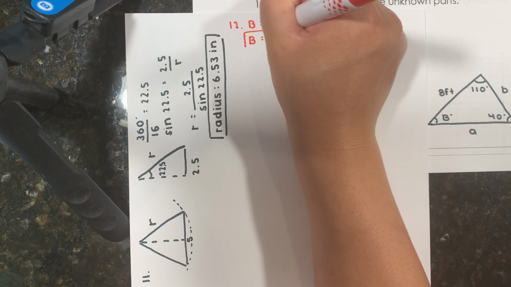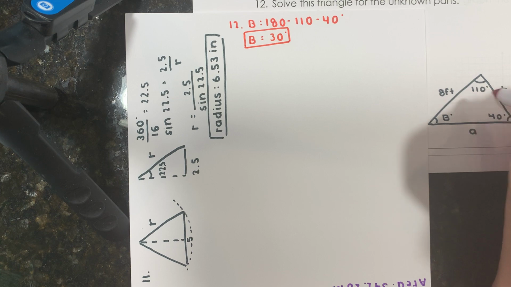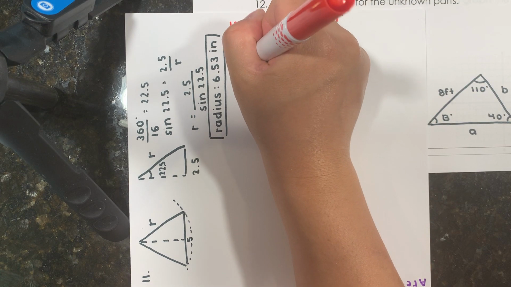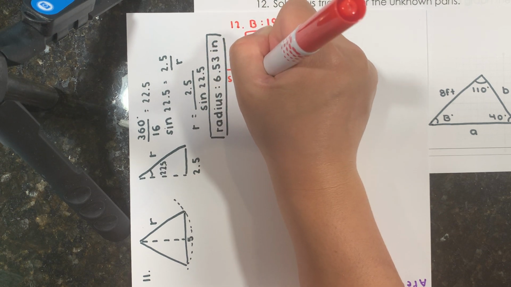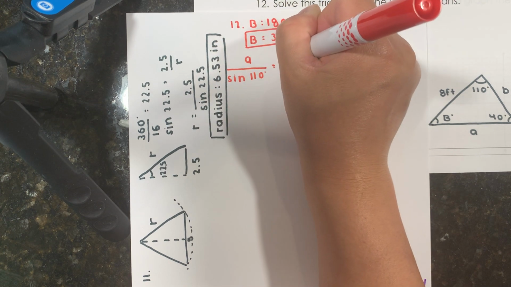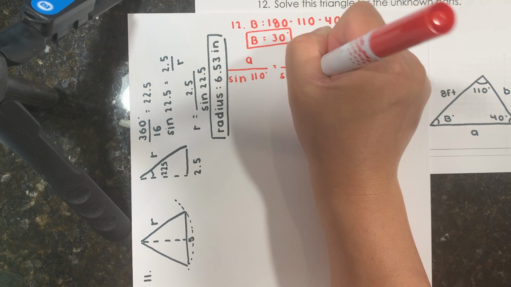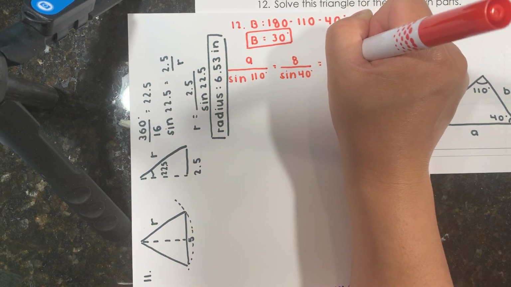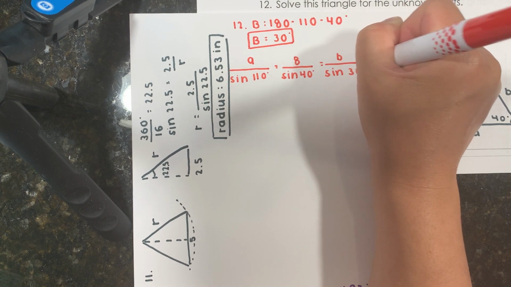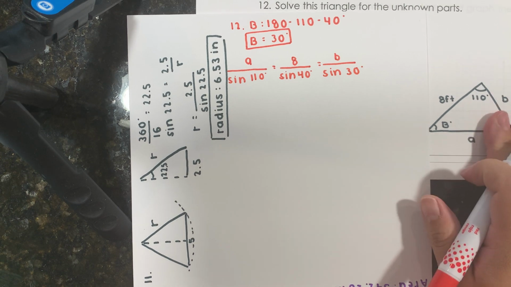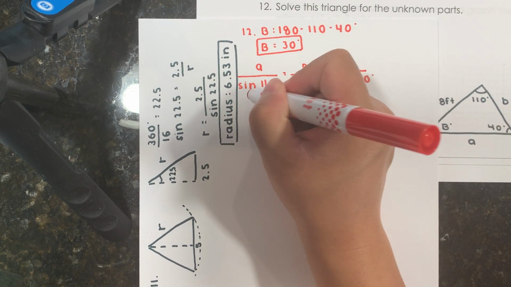Then from there, I have to use my law of sines to set up my ratios. So I'm going to do A over the sine of 110, equals 8 over the sine of 40, and B over the sine of 30. And now I'm just going to start by cross multiplying these first two.